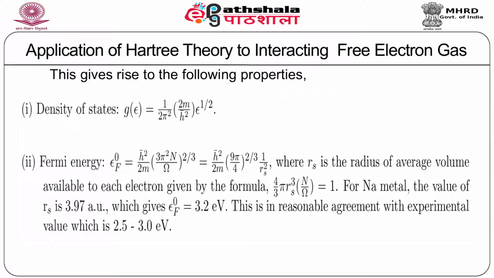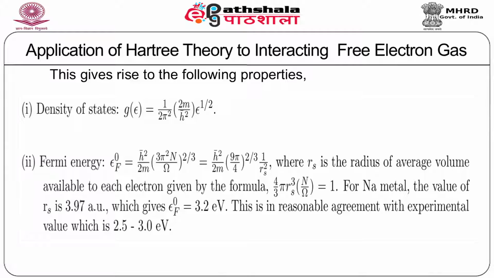One can rewrite it in terms of Rs, where Rs is the radius of the average volume available to each electron, given by the formula 4/3 pi Rs cube, that's the spherical volume available to each electron, times n by omega is equal to 1. From there, one can have an expression of Rs in terms of n by omega.